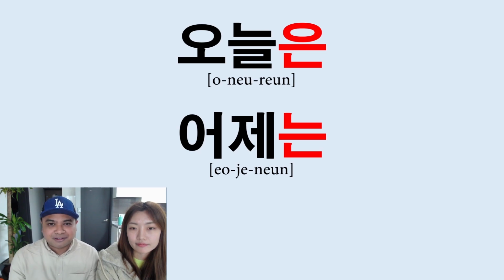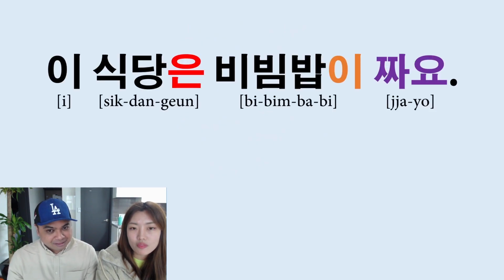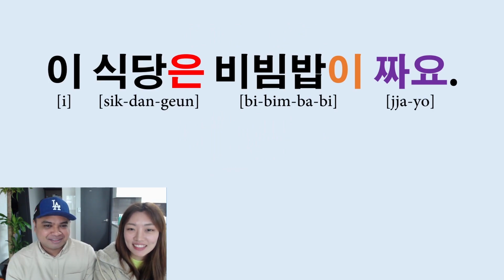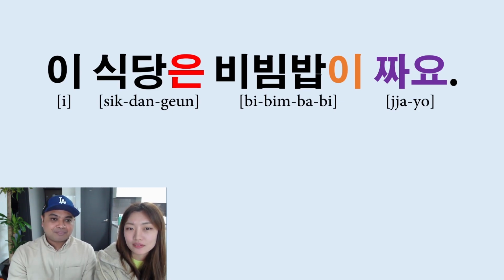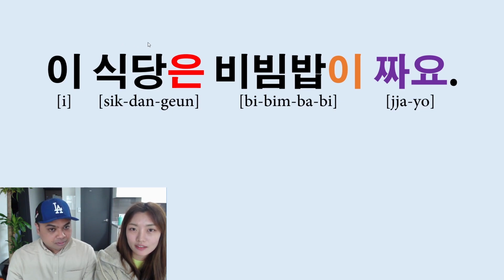Like the subject marker. And I brought up the subject marker for a very specific reason, because in our next sentence here, we have 이 식당은 비빔밥이 짜요. Right here, we have 이 식당, which means this restaurant. The bibimbap is 짜요, salty. The 짜요 means salty.